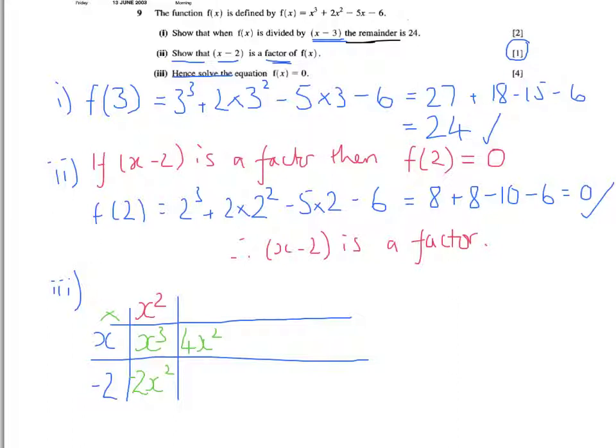If that's 4x squared, because x times whatever is here must be equal to 4x squared, that means this is going to be 4x. If this is 4x, then this is going to be minus 8x. Done another line.